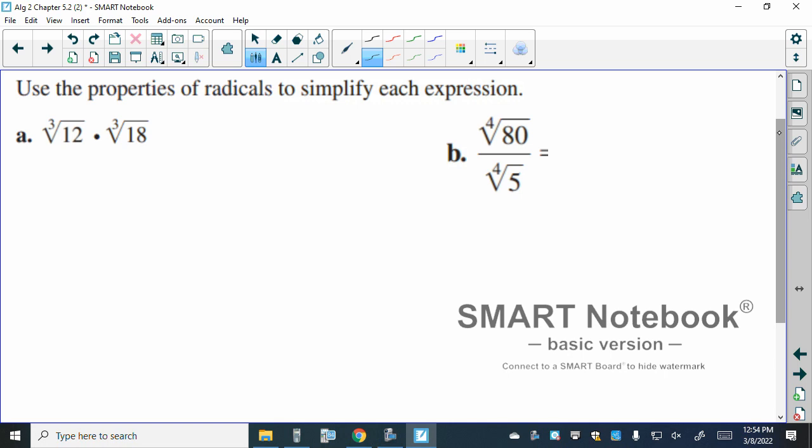Now, the first one we're looking at is the cubed root of 12 times the cubed root of 18. We're not able to simplify the cubed root of 12 or the cubed root of 18 individually. It doesn't come out to be a whole number. But what we can do is multiply these together. Because of our product property, we can rewrite this as the cubed root of 12 times 18.